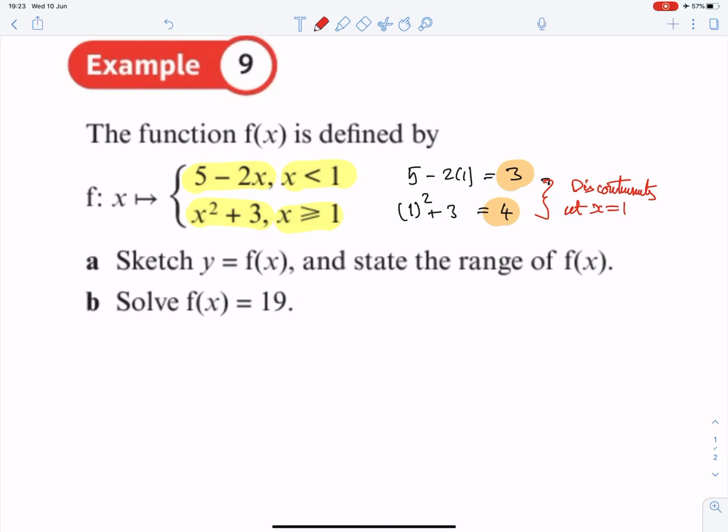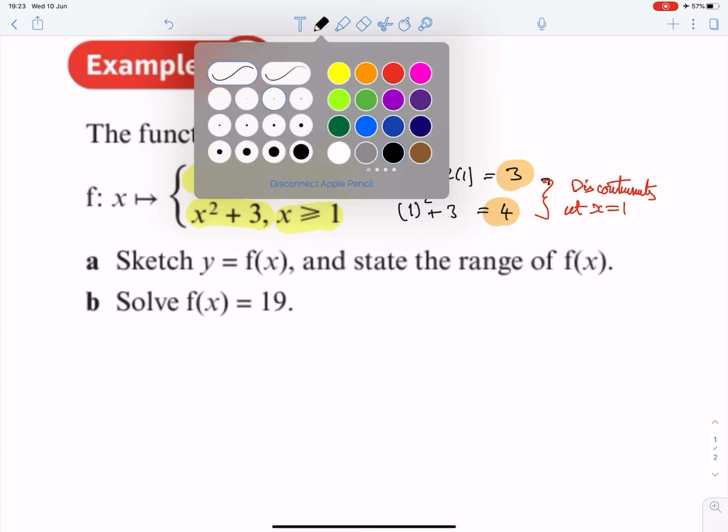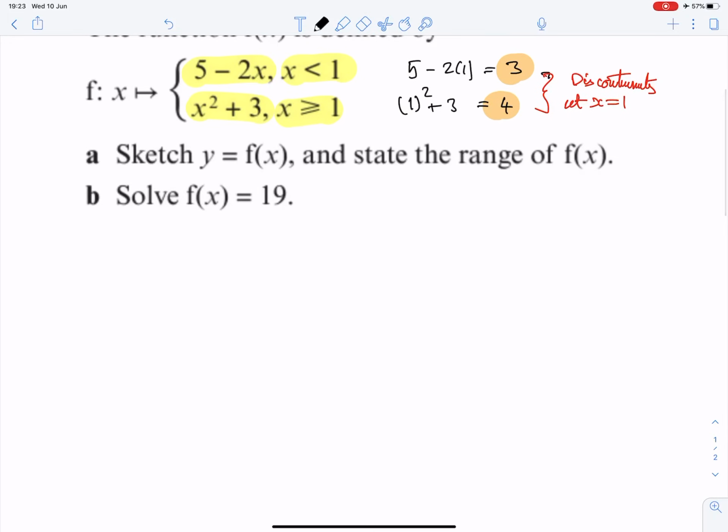Okay, so let's sketch the graph. For x less than 1, we've got a straight line graph. Y-intercept of 5, gradient of minus 2, so it's coming in quite steeply, and then we get to 1, and we know that the end of the graph at x equals 1, coming from here, must be 3.